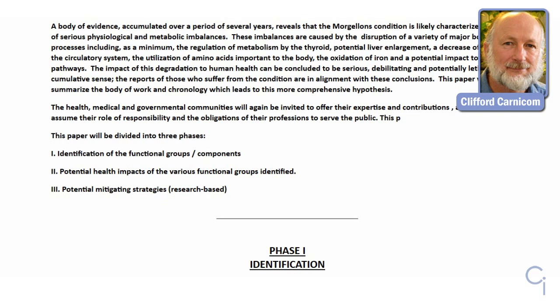The second part of the paper is going to cover the potential health impacts that would occur, or likely occur, might occur, could occur, or will occur from the existence of these particular functional groups within a living being. And it would be faulty to think that because you have a functional group, that a functional group is somehow expressive of a disease condition.